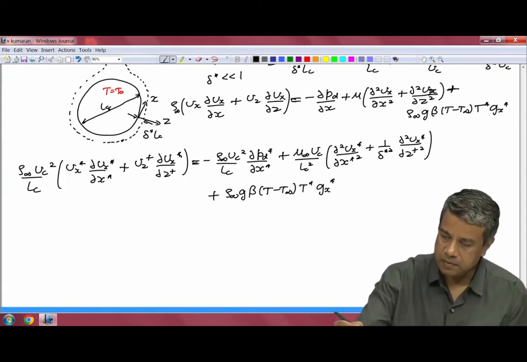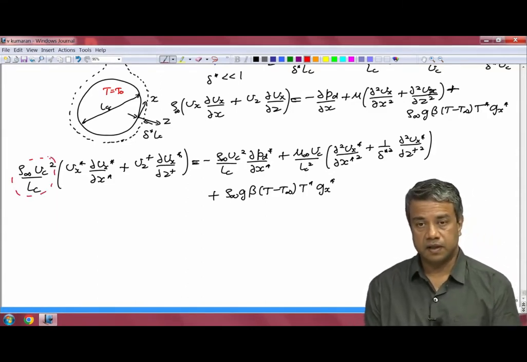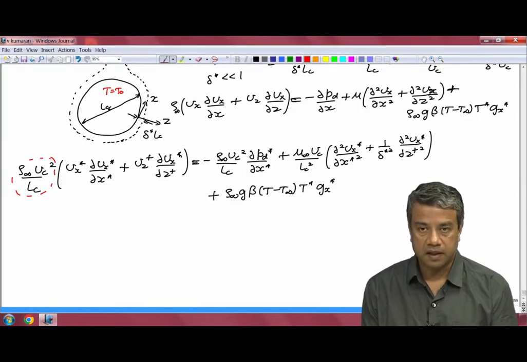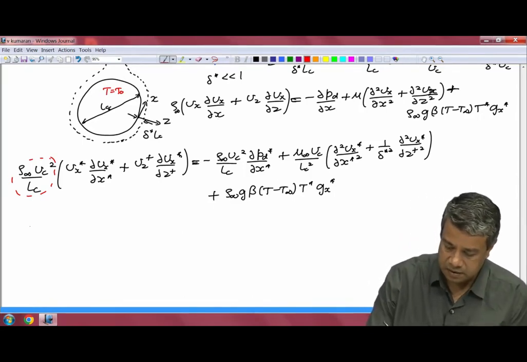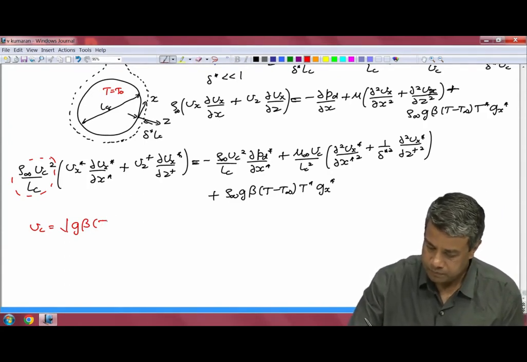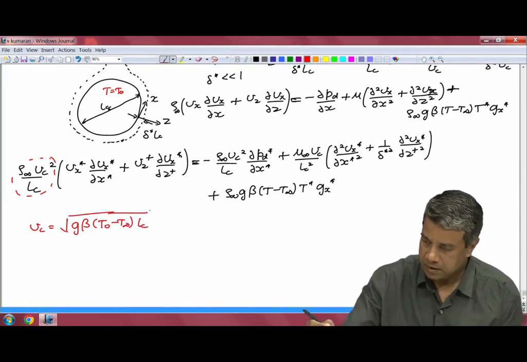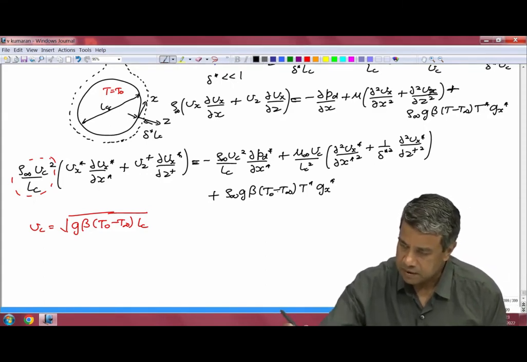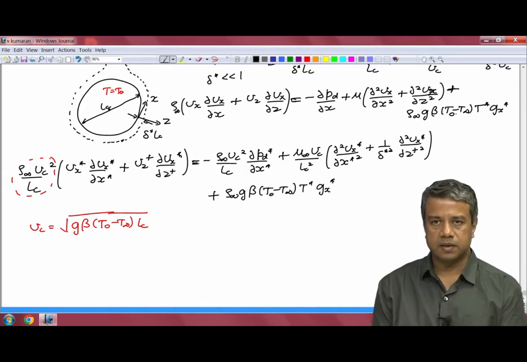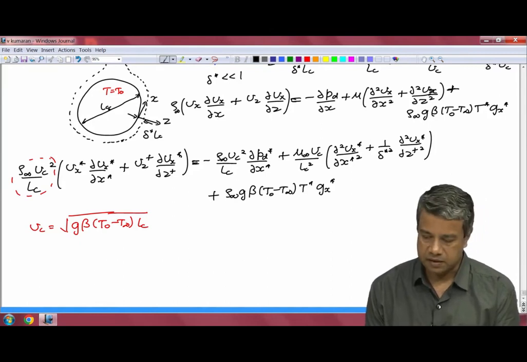And if I divide throughout by this prefactor, with my definition of the characteristic velocity, Vc equal to root of g beta T0 minus T infinity Lc, kindly note that correction: T minus T infinity is T0 minus T infinity times T star.